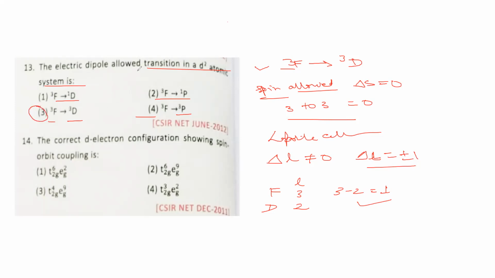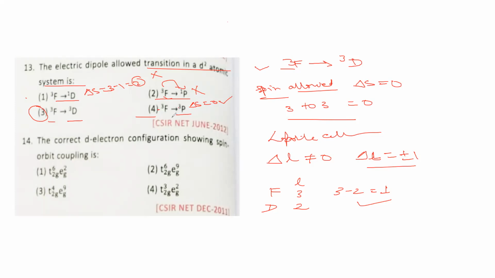Now if we check the first option, the delta S value is 3 minus 1 equal to 2, so that's why it is not allowed. In the second case, again 3 and 1, that's why it is also not allowed. But in the fourth case, what's happening? 3 and 3, yeah, delta S value is 0, so that is spin allowed.